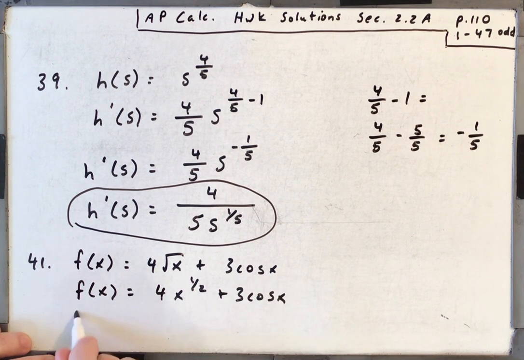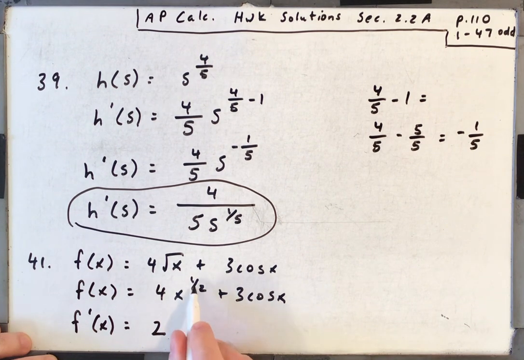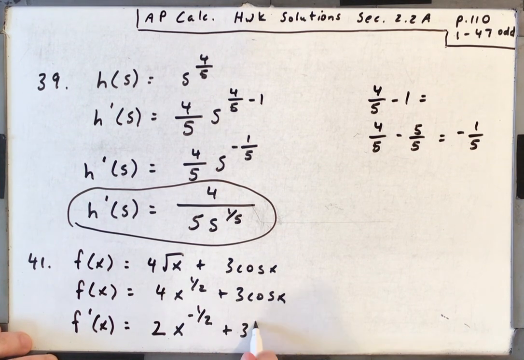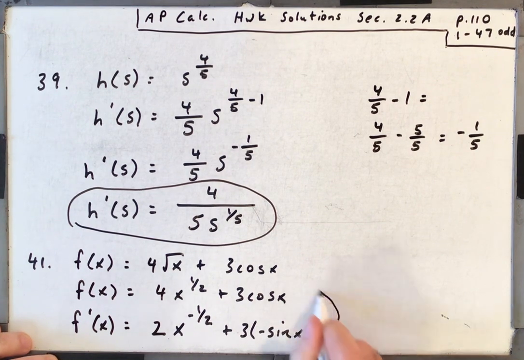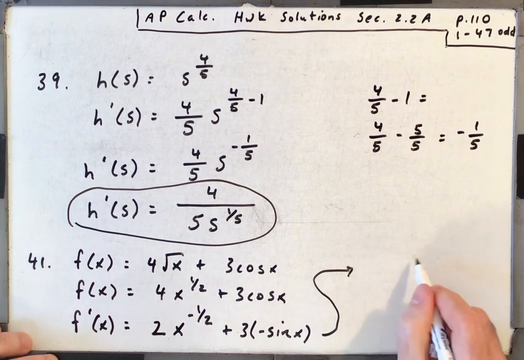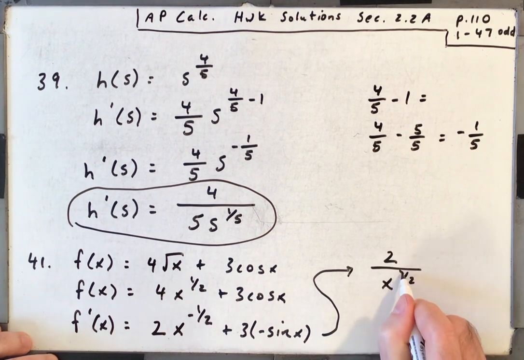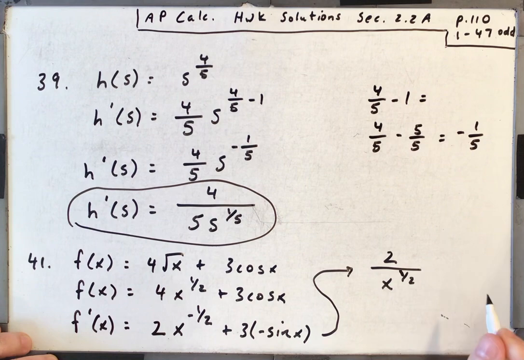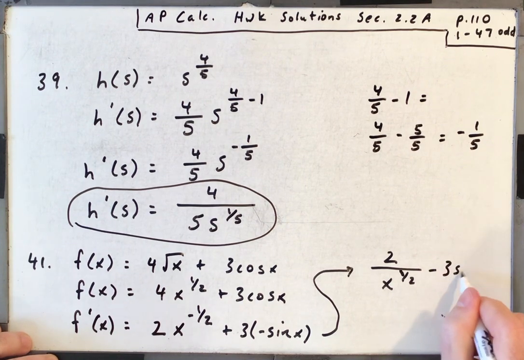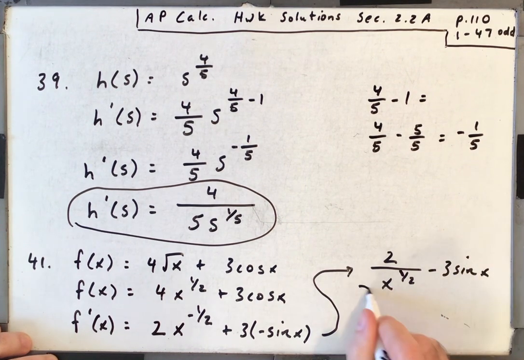And now it's easy. f prime of x, 1/2 times 4 is 2, and then subtract 1 from 1/2, that'd be x to the minus 1/2, and then plus 3 times the derivative of cosine is negative sine x. So we're going to clean that up a little bit. That's 2 over x to the 1/2 minus 3 sine x.